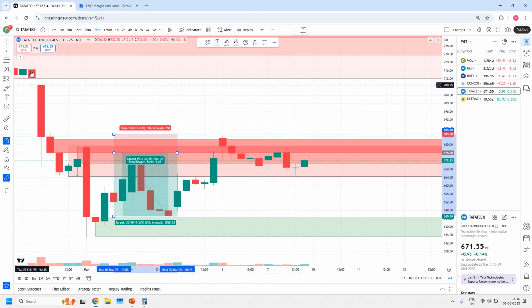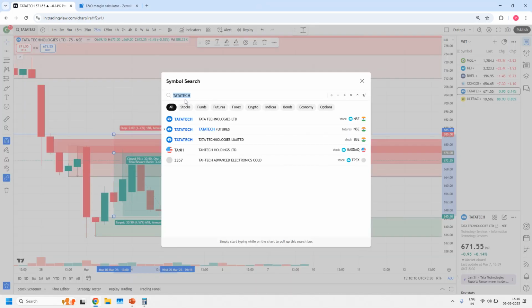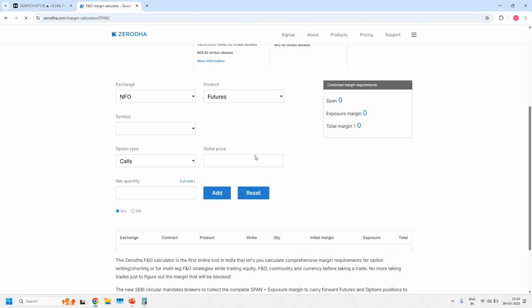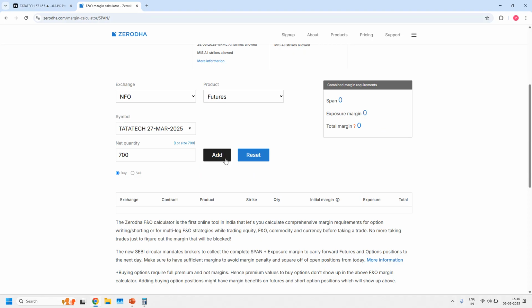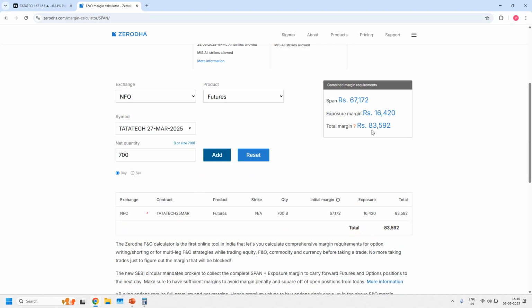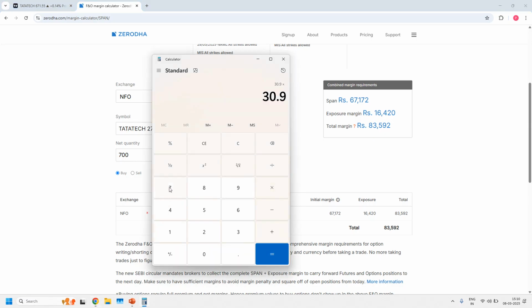Let us see how much profit you would have got in Tata Technologies. Tata Technologies on March futures expiry, 27th March futures. See, the margin is 83,000 only, and the net quantity is 700. 700 into 30.9, you would have got 21,630 rupees profit with only 83,500.